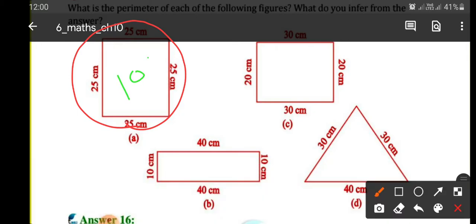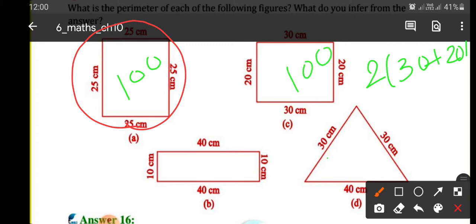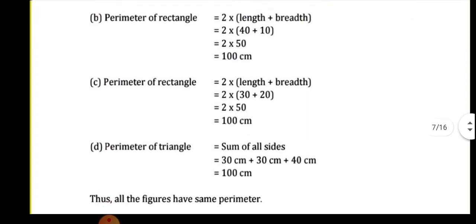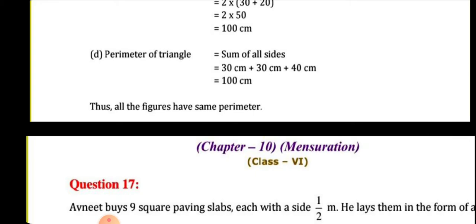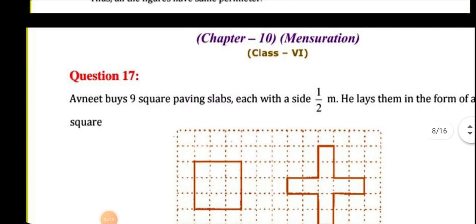So what is the answer? 100 centimeter. For the second figure, 2 into 30 plus 20. Again it's 100. Here the sum of all three sides is 100 and here also it is 100. 2 into 10 plus 40, so it's 100. So the perimeter of all four figures is the same. So we can say all the figures have the same perimeter.